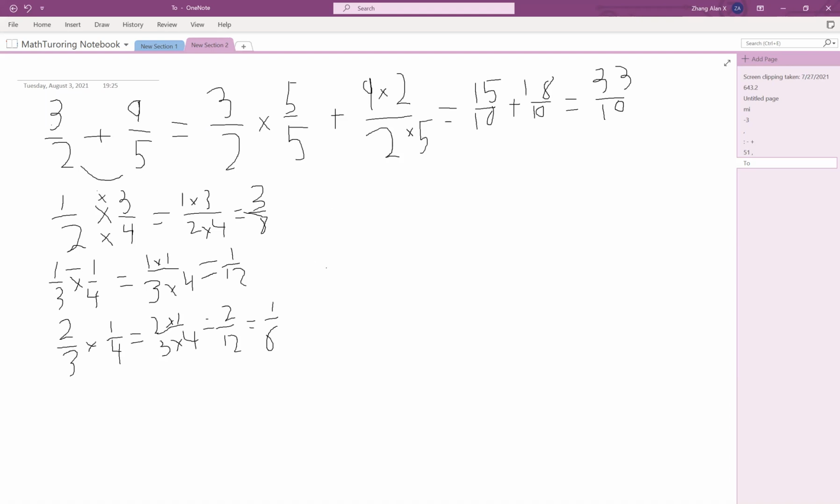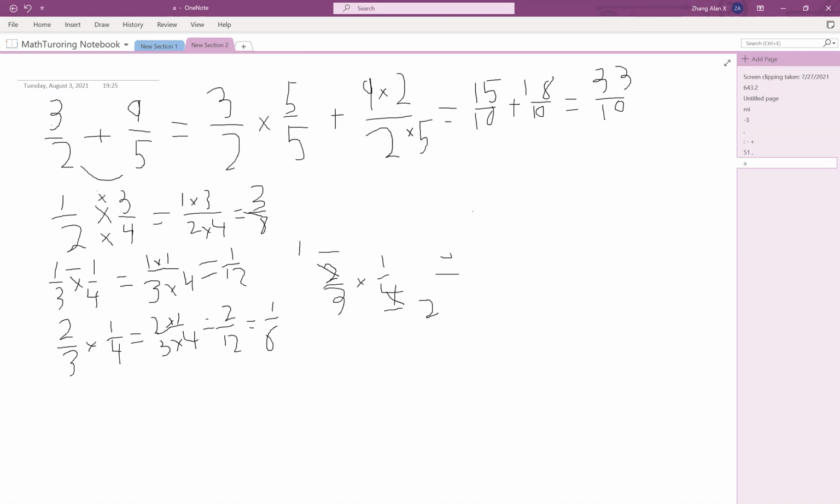So when we do 2/3 times 1/4, you can see there's a 4 here and we have a 2 here. So we can simplify. Take out the 2, take out the 4, divide both by 2. So now we have 1 and 2.